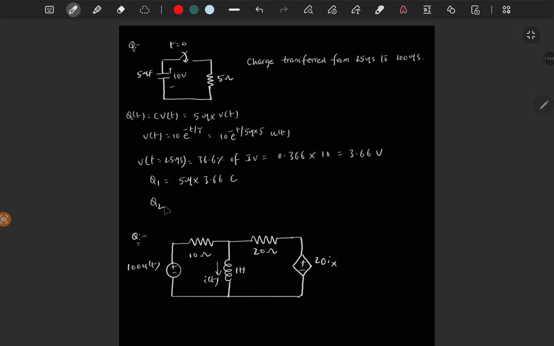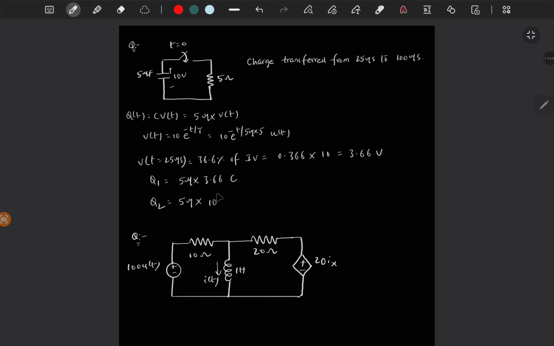You will get Q1. And for Q2, 5 micro times, you have to find the voltage at 100 microseconds. So if you take 5 time constants, which is 125 microseconds, so at 100 microseconds, definitely it has not reached steady state, so there will be some voltage.